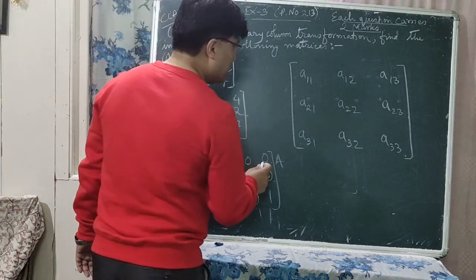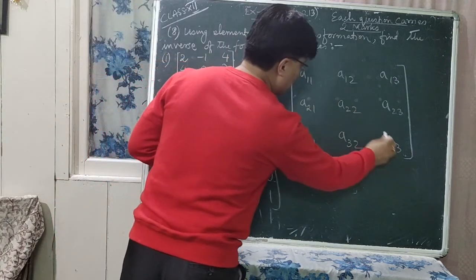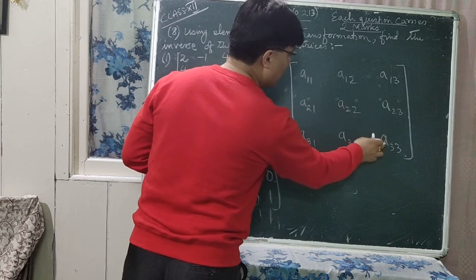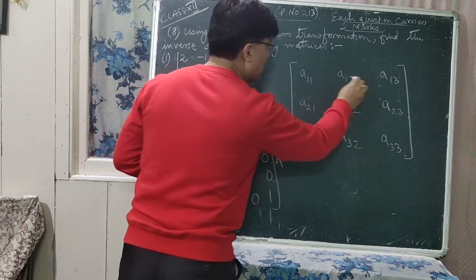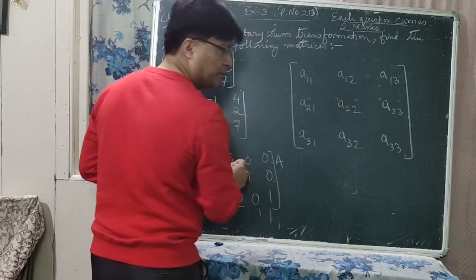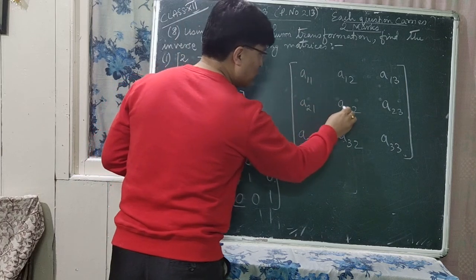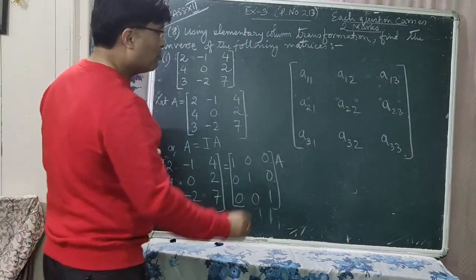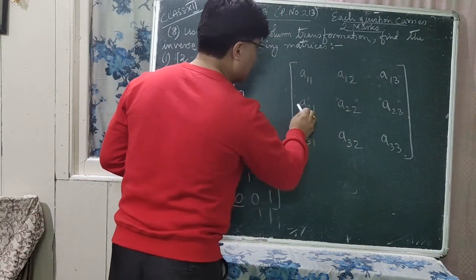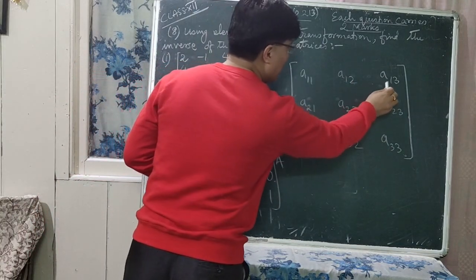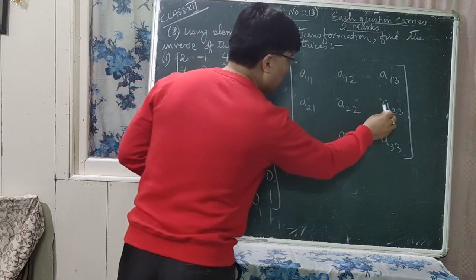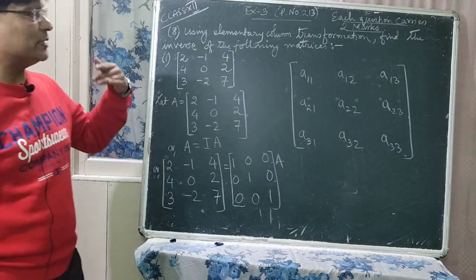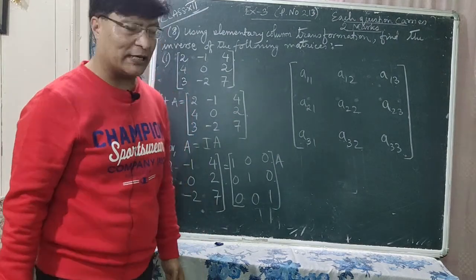To convert it into an identity matrix, the leading diagonal A11, A22, A33 must be 1, 1, 1, but all the other elements must be 0. A11 must be 1, A22 must be 1, A33 must be 1, but all the other elements, that is A12, A21 should be 0, A13, A31 should be 0, A23, A32 must be 0, so that you can change it into identity matrix.